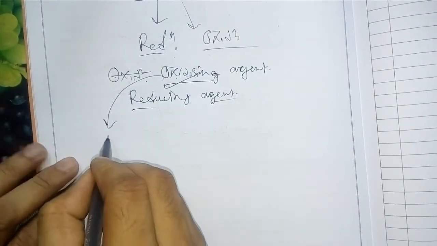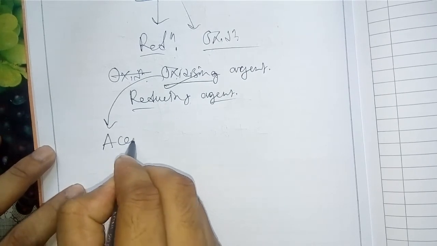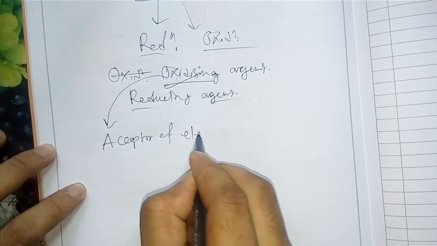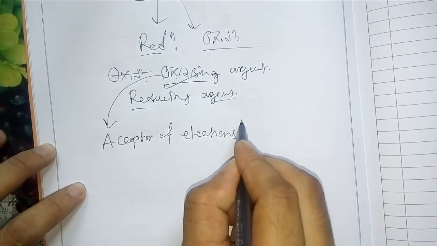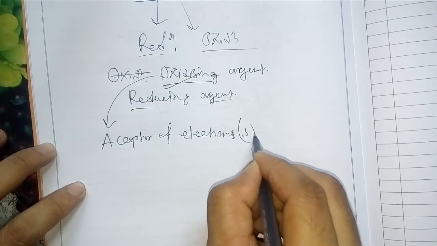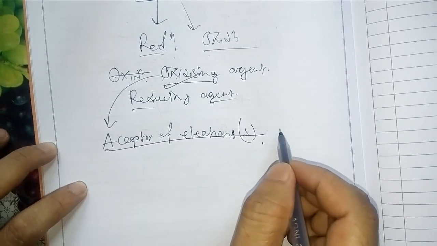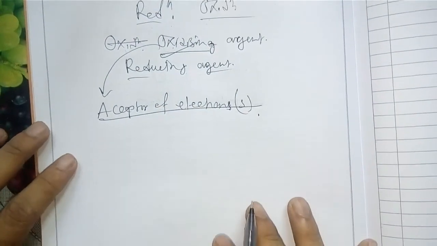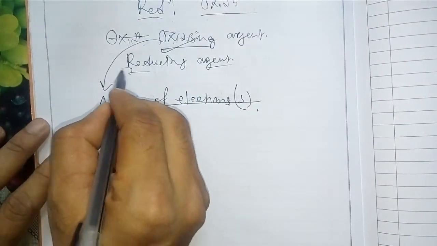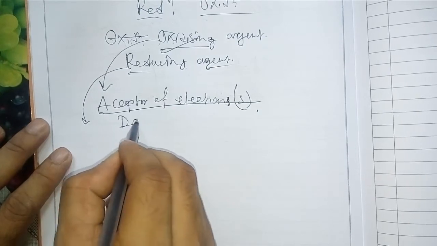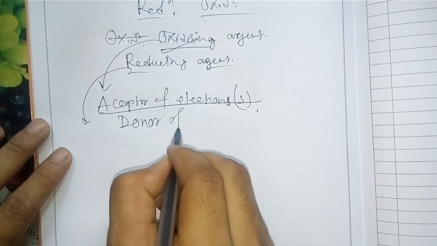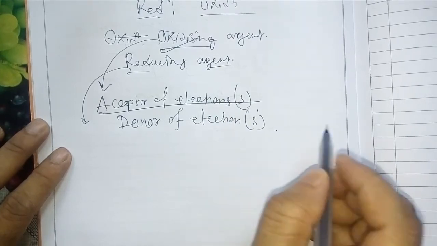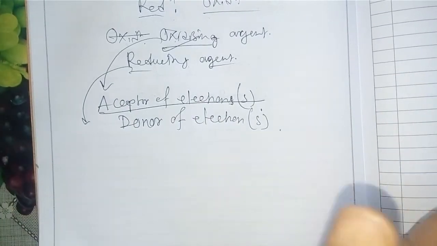And the reducing agent is donor of electron or electrons.